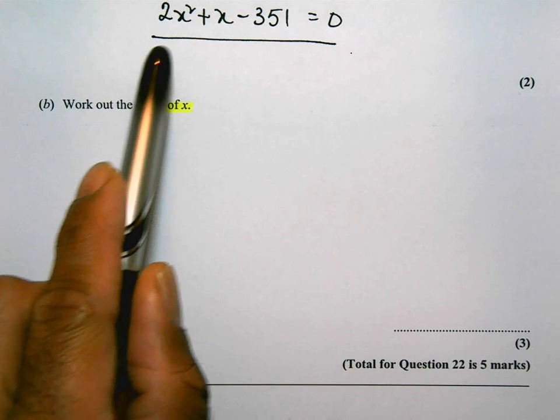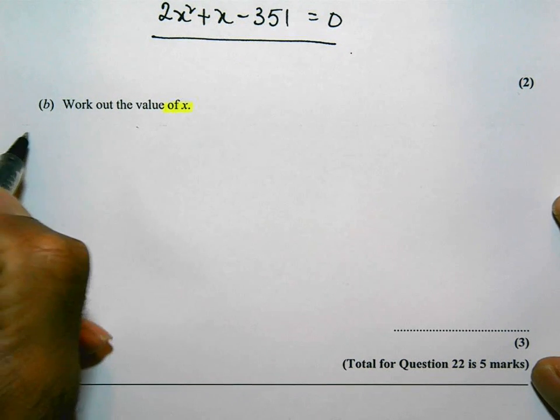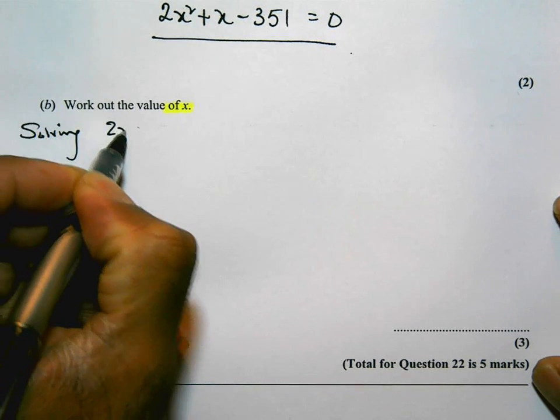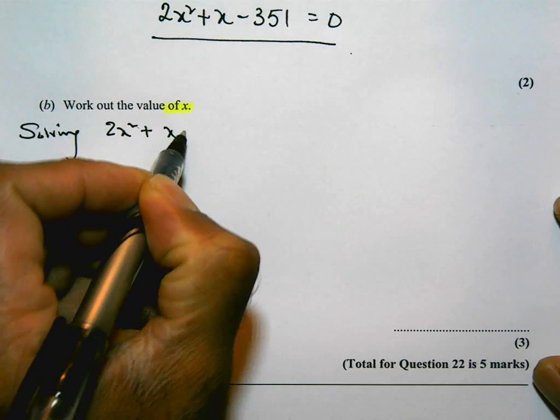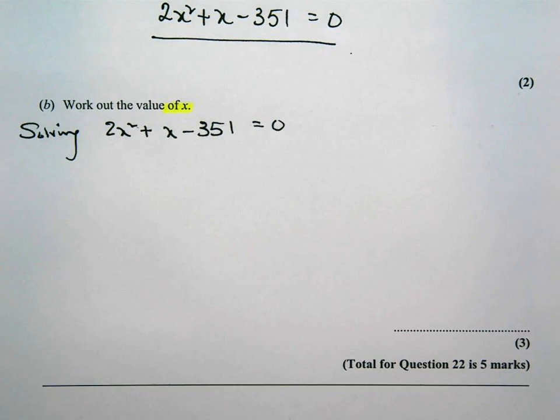So you could theoretically be able to do part B and get those 3 marks by solving 2x squared plus x minus 351 is equal to 0. Now at this level, if you're at these questions, you should recognize that as a quadratic.